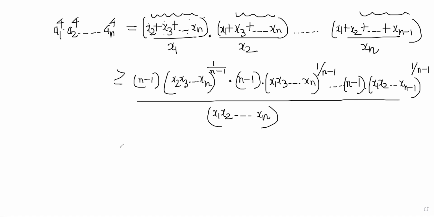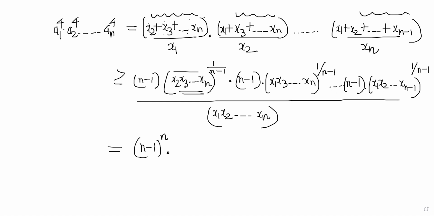Now think about this. There are n terms actually, so it is becoming n minus 1 power n. And what is coming here? Each of these brackets basically has one term missing out of 1 to n, right? Here x1 is missing, and then x1 is present in all of the rest of the terms, right?